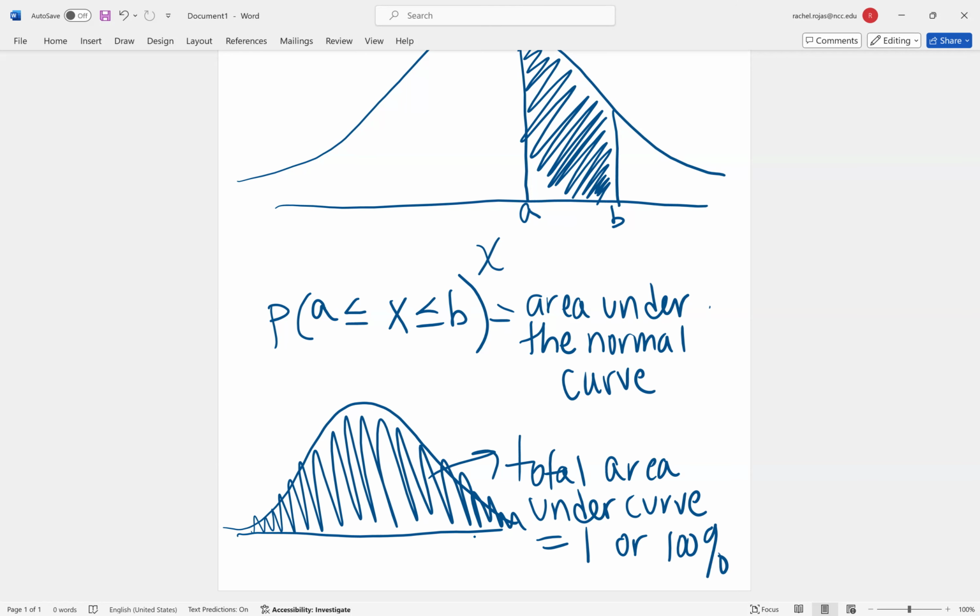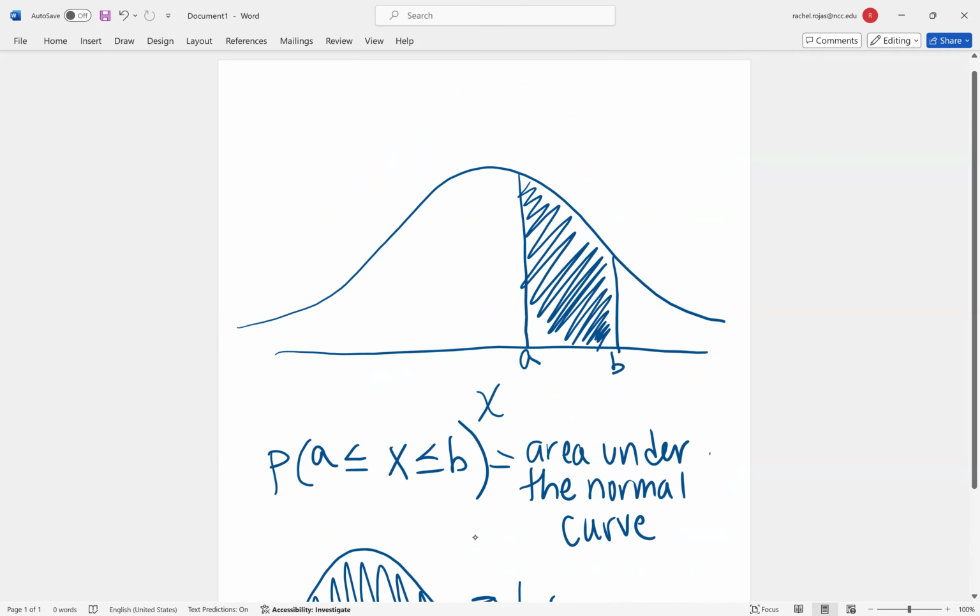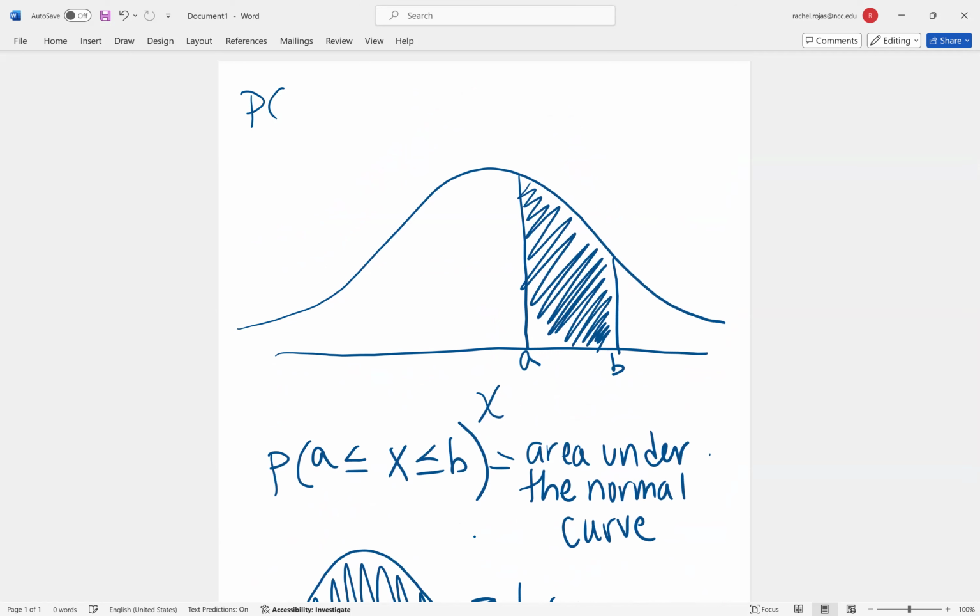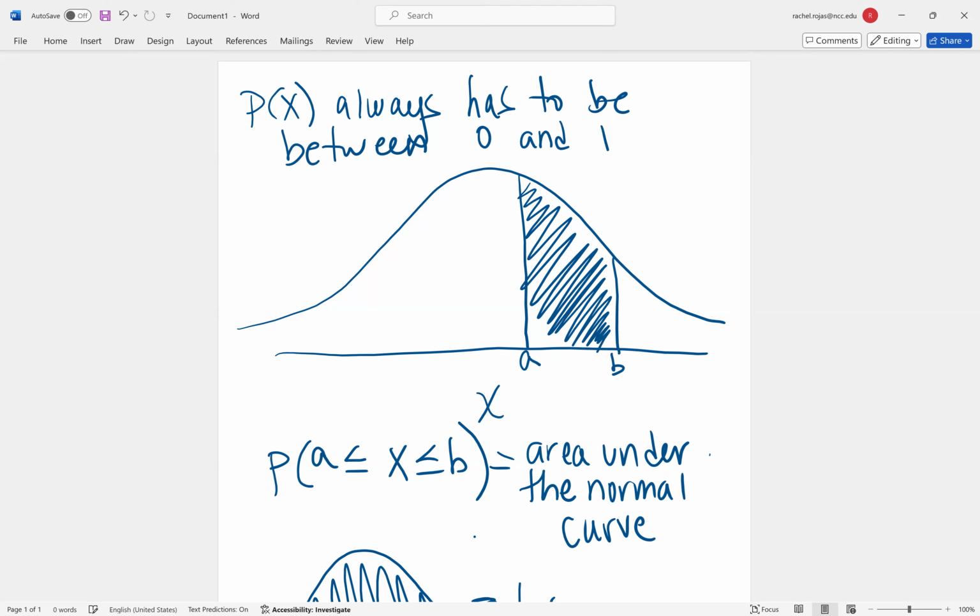And just a quick reminder as well, any probability, the probability of x, always has to be between 0 and 1. And that goes back to what I taught you in chapter 5. One of the main characteristics of probability is that the probability of an event always has to be between 0 and 1.